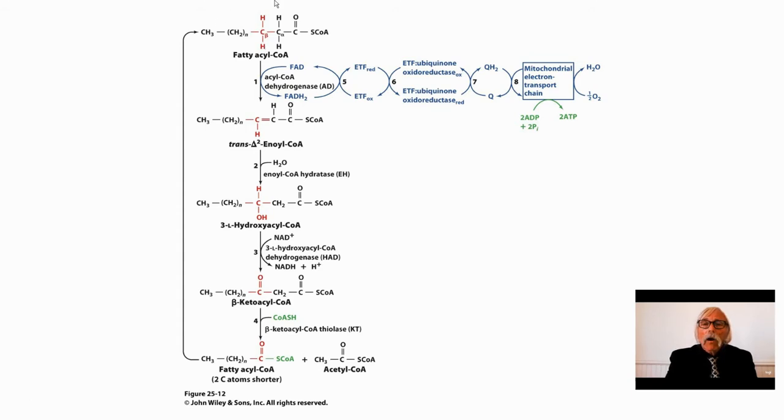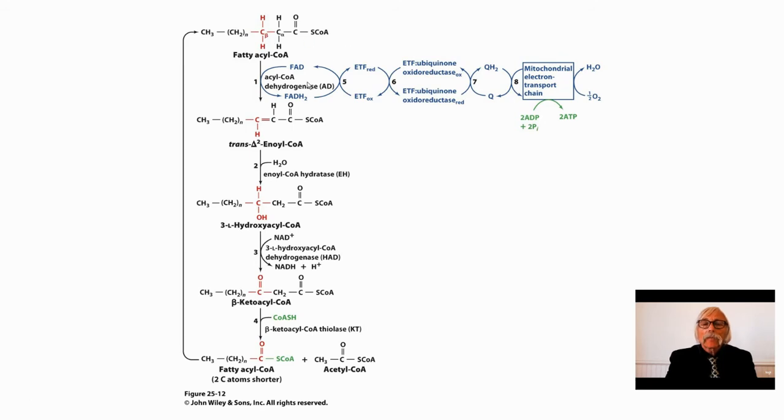So the alpha carbon in beta oxidation is actually the second carbon, okay? However, because these two carbons will ultimately be derived to make acetyl-CoA, we call it beta oxidation because you're breaking the bond between the alpha carbon and the beta carbon. So that's why it's called that.